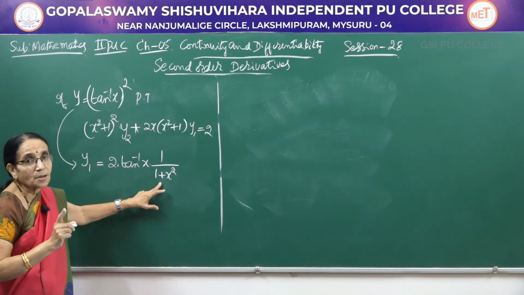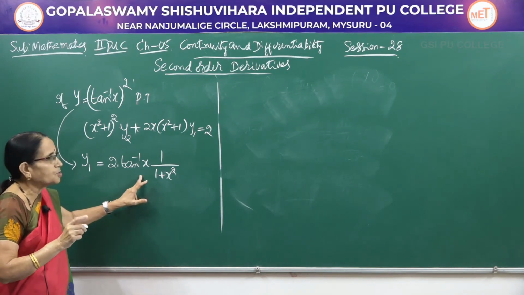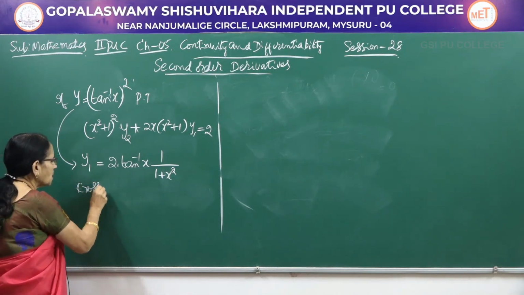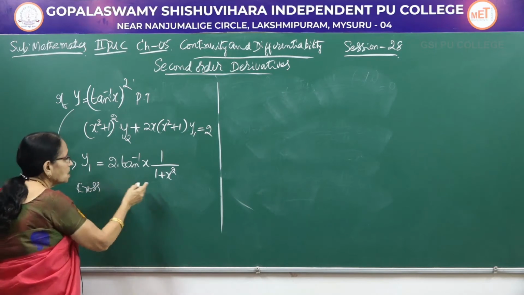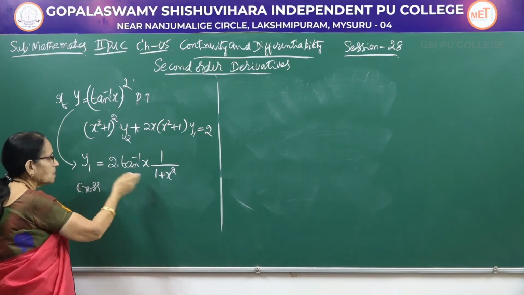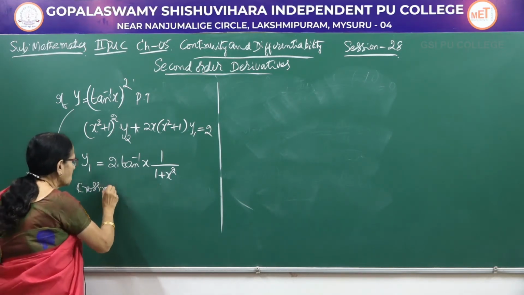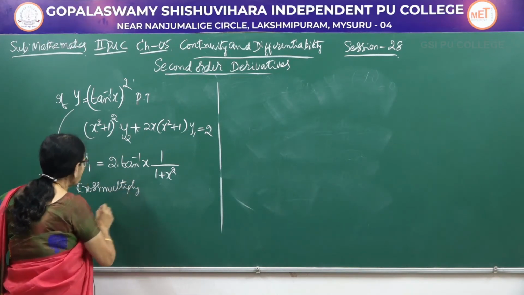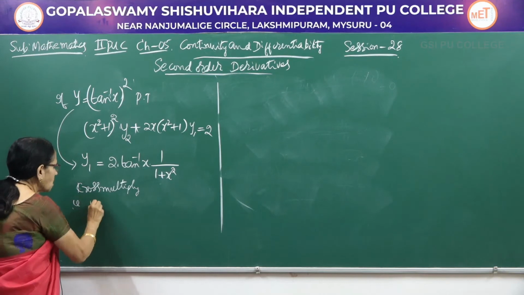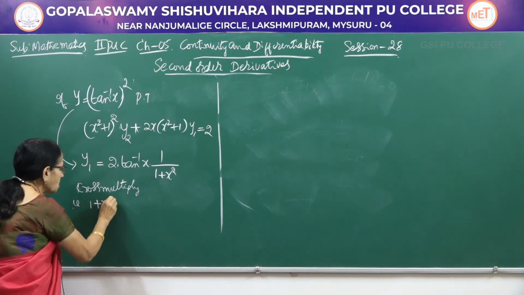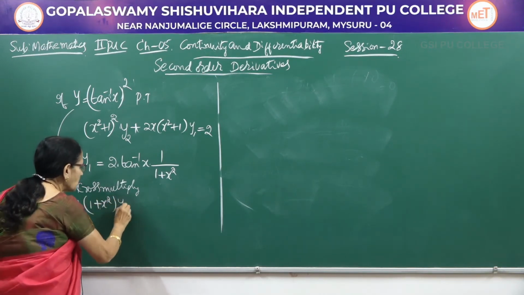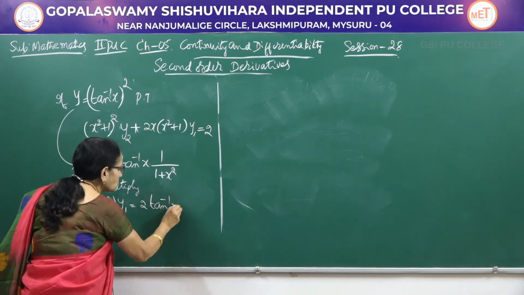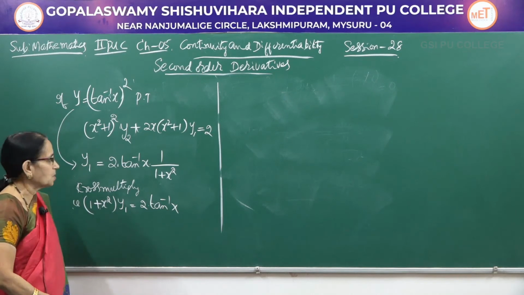This quantity always comes in the denominator for any inverse trigonometric function. Therefore, you cross multiply or multiply both sides, both are correct. You can write 1 plus x square into y1 would be equal to 2 times tan inverse x.